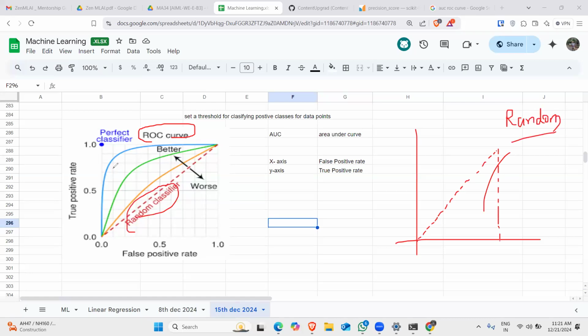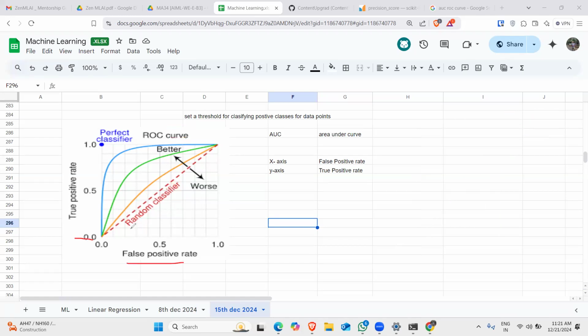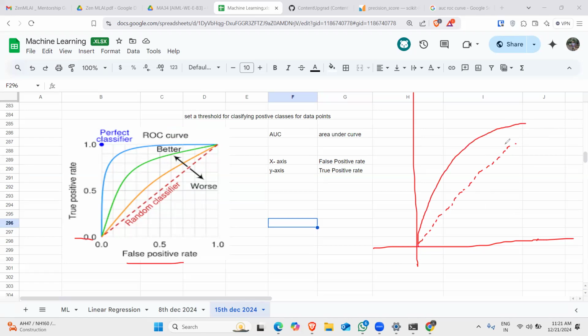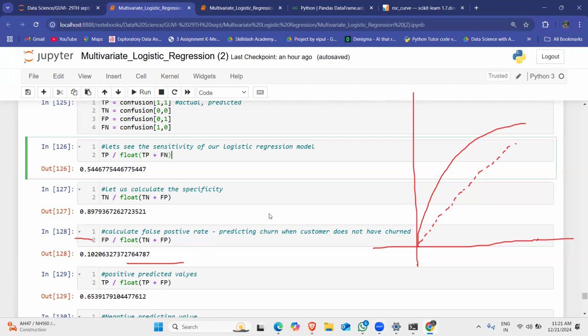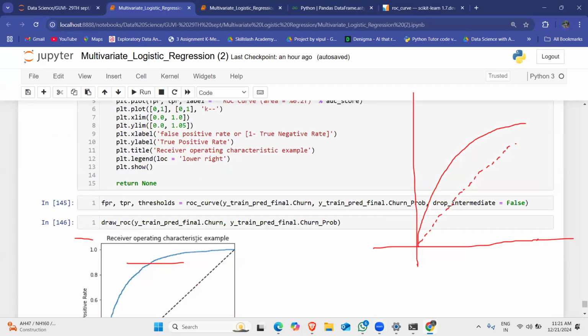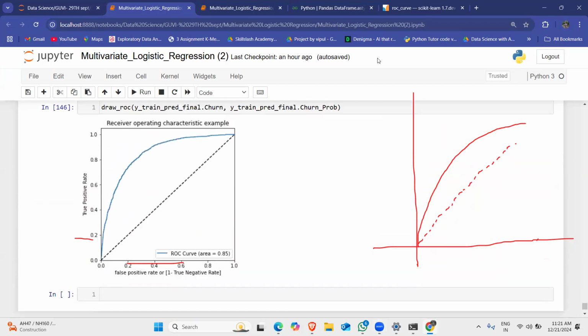Its probability of classifying positive and negative classes is 0.5. So at any point of time, your probability should be higher than this. So let's say your receiver operating curve you have plotted is coming like this.